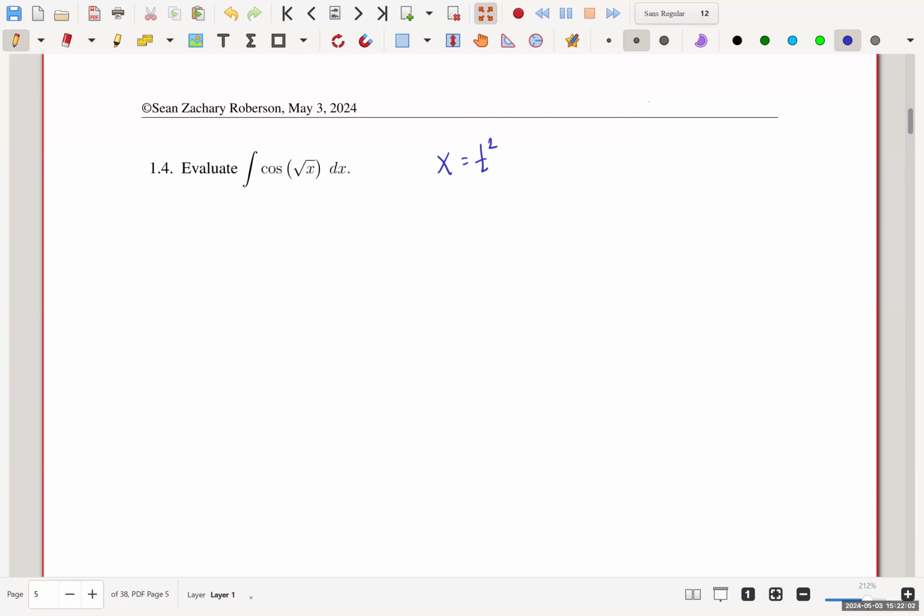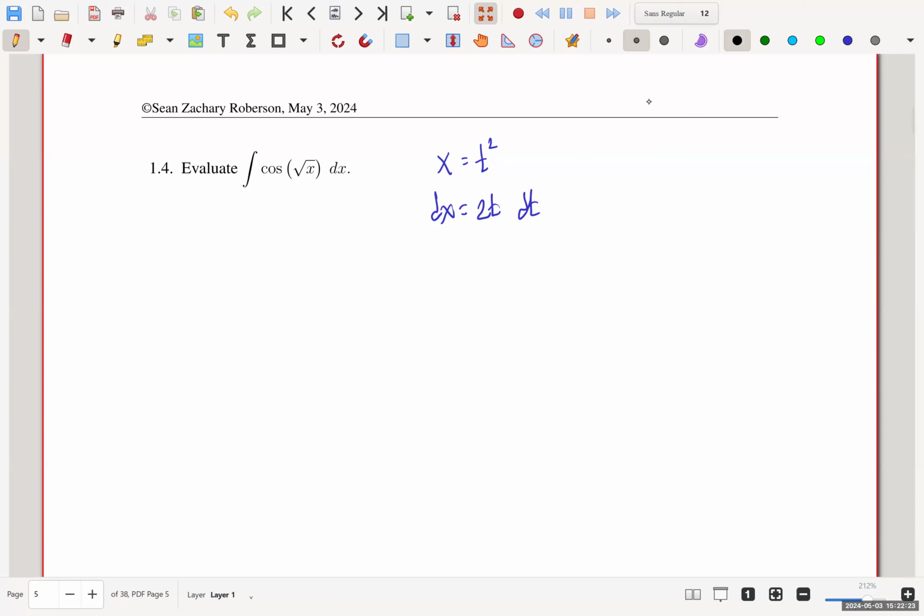That's why I want that. So x equals t squared. So what is dx? 2t dt. There you go. We've done a priming substitution to turn this hard-looking problem into a more manageable looking problem.